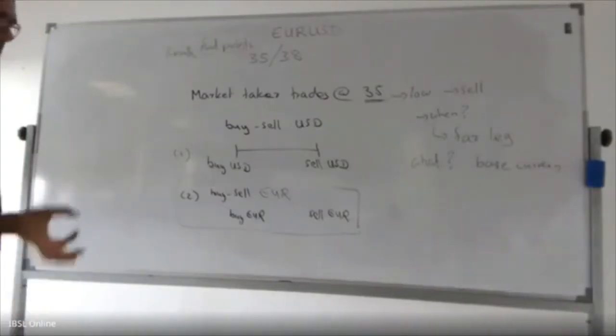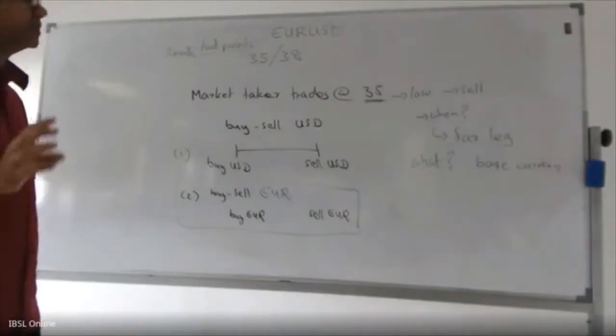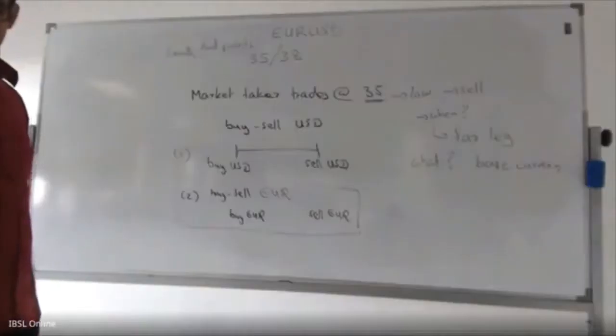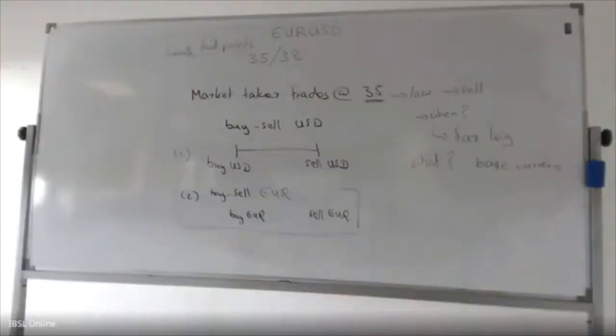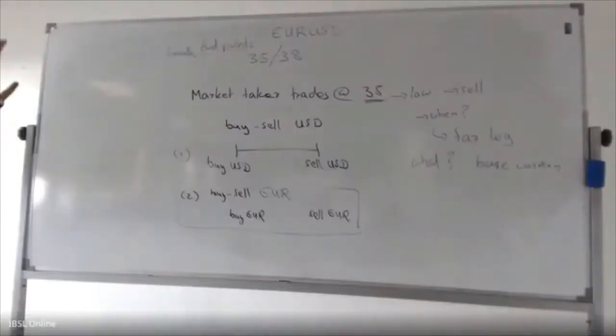So remember, in a swap transaction, the 35 is from the market taker's point of view. It's going to be buy, no? That's the basic. What do you do as a market taker at bid and at offer? Forget about whether it's a forward or a spot.